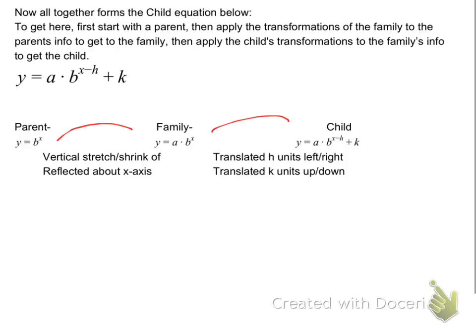I'm not going to say something that doesn't happen. Then, from the family to the child, I'm going to say it's translated h units to the left. So 3 units to the left. It's translated 2 units up. Or, if one of those is not there, I don't say it. If both of them are not there, I stop at the family.